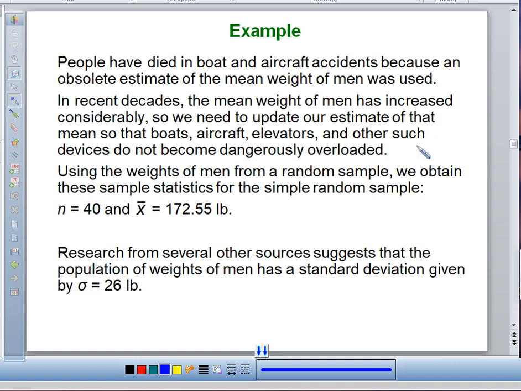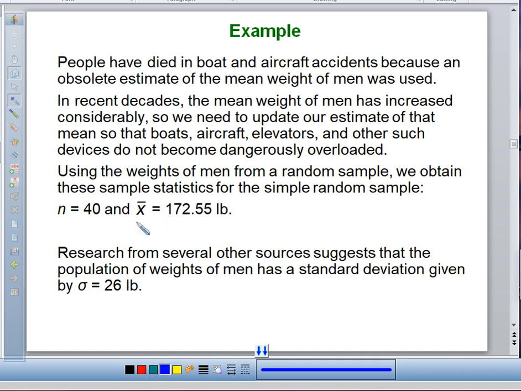So if we base our weights of men off of these lower weights, then boats, aircrafts, elevators can't hold as many people as they think they can. They become dangerously overloaded. So what we want to do is, using the weights of men from a random sample, we want to estimate what the real mean weight is of men today.